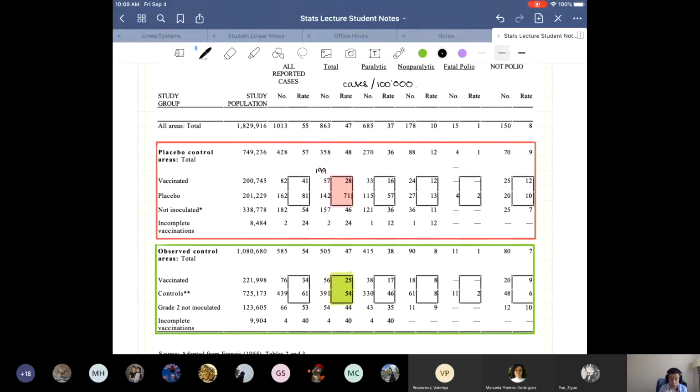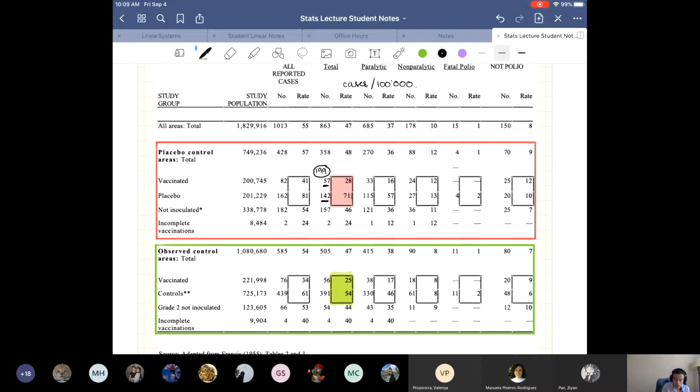Now I'm saying that it looks like the number of children that got the virus and were vaccinated was a lot lower than the number of children that got the virus and had received the placebo. So what I'm asking here is, okay, maybe these 199 children were going to get the virus anyway, and maybe the fact that I just have fewer of them in the vaccinated group is just due to random luck.